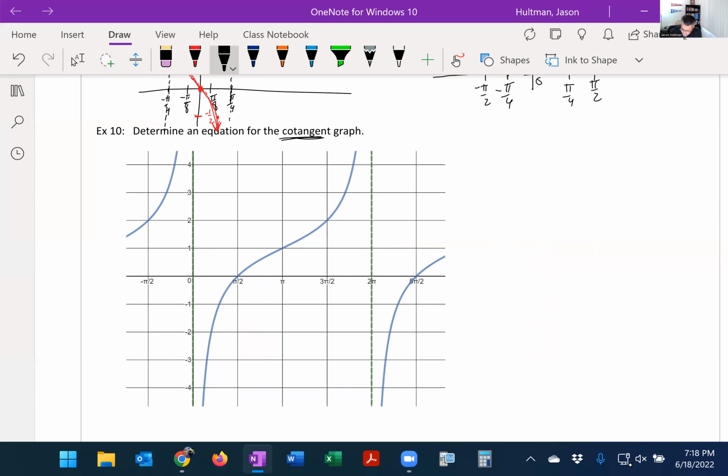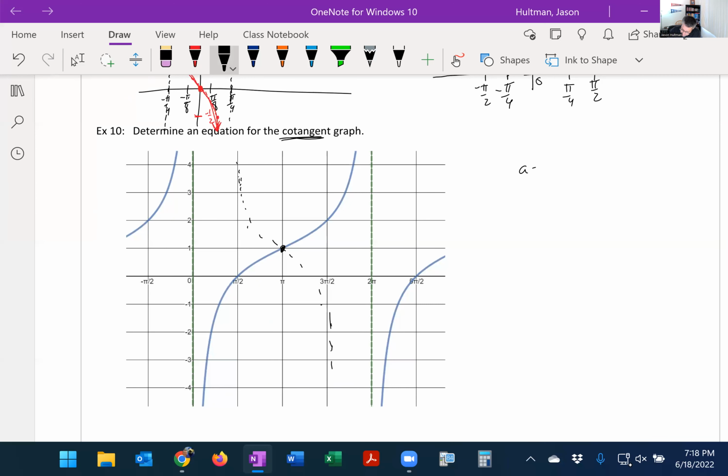Well, basically I could just negate it. This thing I would want to have flipped upside down. Now what's going to flip that original cotangent function upside down is a negative. Okay, so that's a negative.